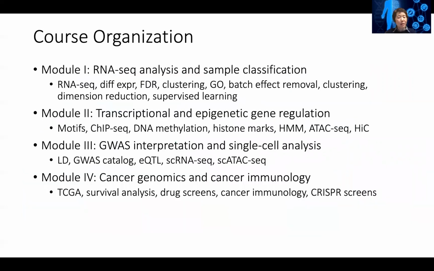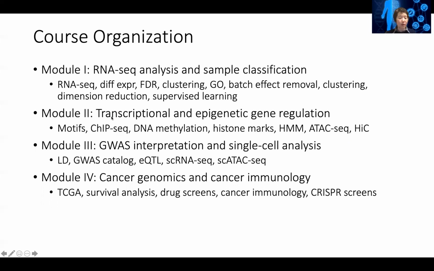Here is some information on the course organization. This year, we're going to divide the course into 4 different modules. The first module is on RNA sequence analysis and sample classification. You will learn read mapping, how to do differential gene expression, how to cluster the samples, look at the gene annotation of a group of genes, and also remove batch effect.